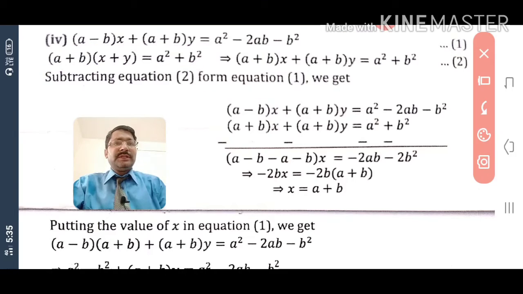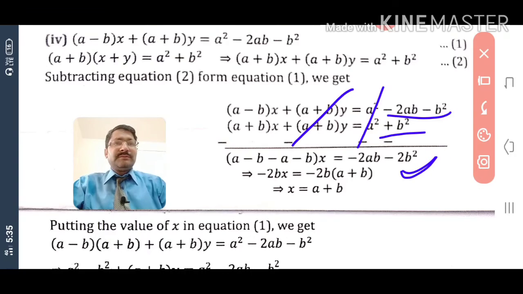So you can see in the sign change, the second term is totally cancelled, and in the first term x is common, and you can write (a minus b) and minus (a plus b) will be here. Then at last, a square is cancelled, and we have minus 2ab minus b square and minus b square here also, so minus 2b square will be here.